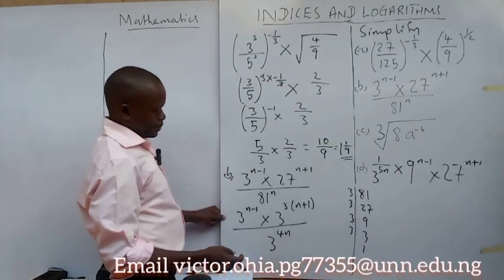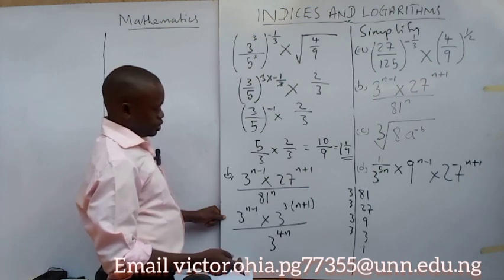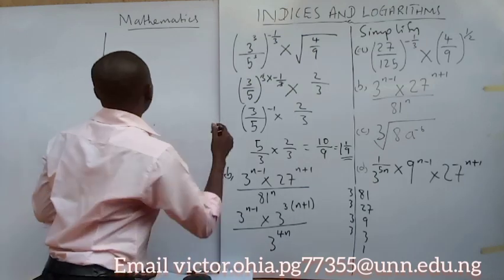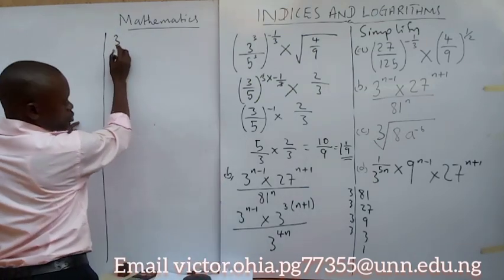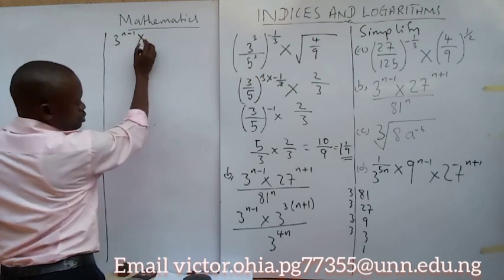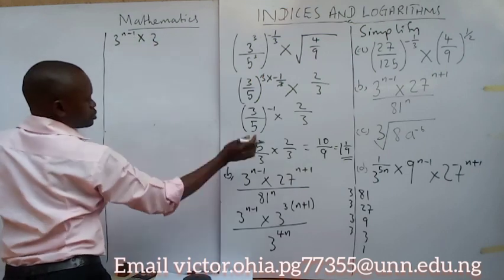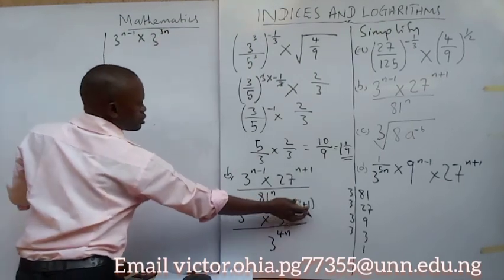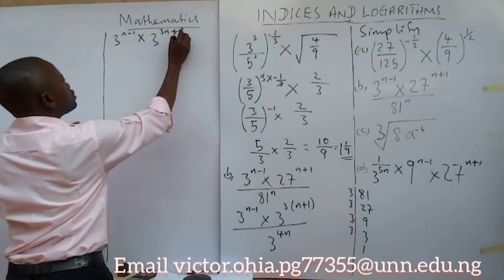Okay. So having done this, we can open this bracket here, and we are going to have 3 to the power n minus 1, then times 3 to the power 3 times n will give us 3n, and then 3 times 1 will give us plus 3.